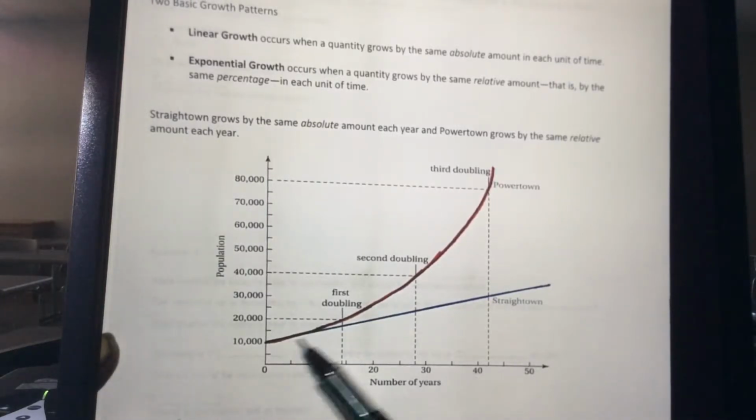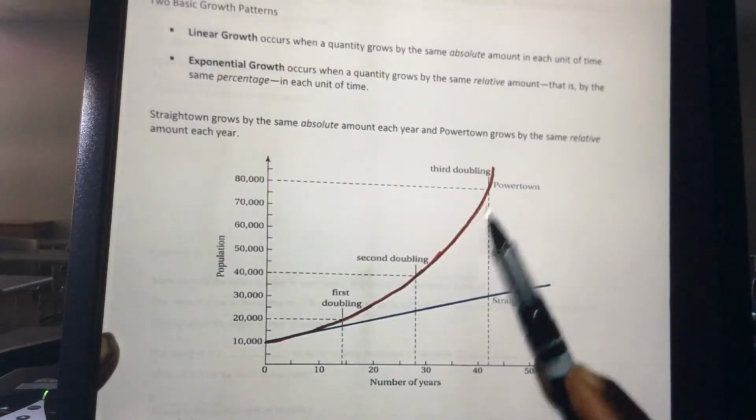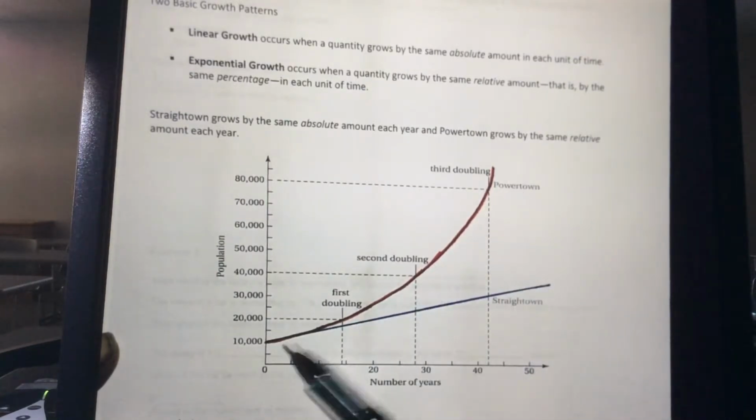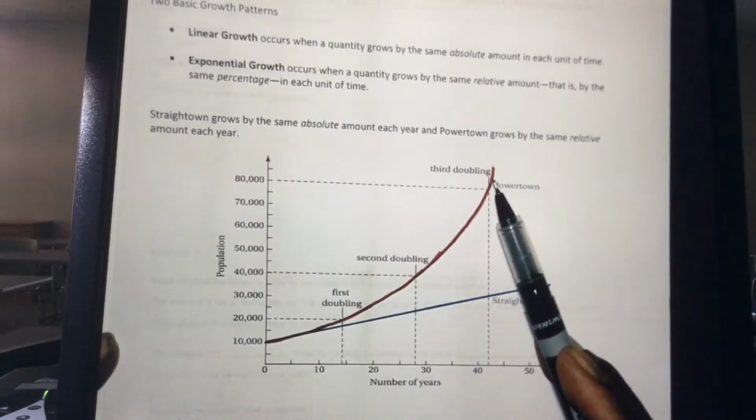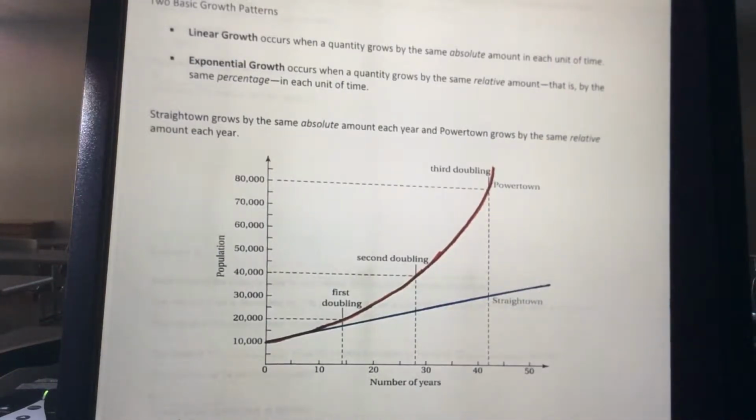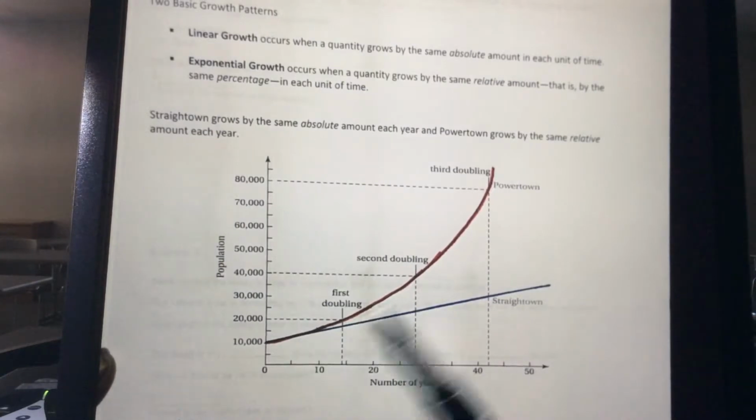Here you see that curve in red. In that case, that would be exponential growth. And usually the graph of exponential growth will be in the form of a curve, looking like the one in red.